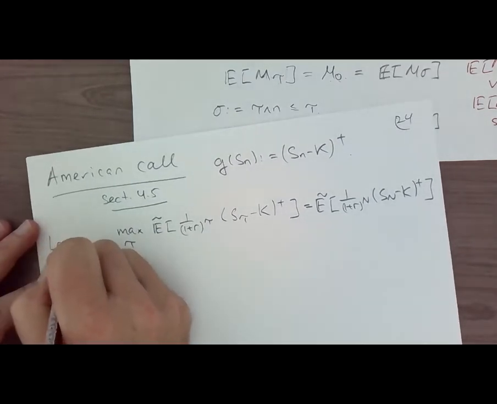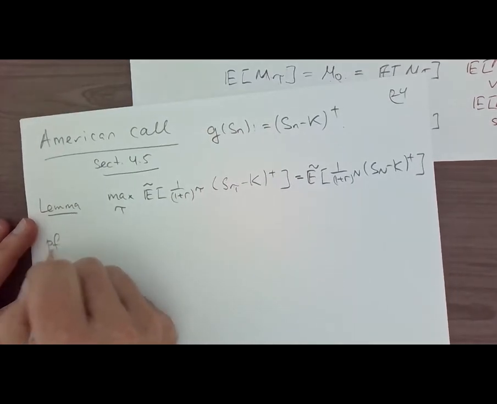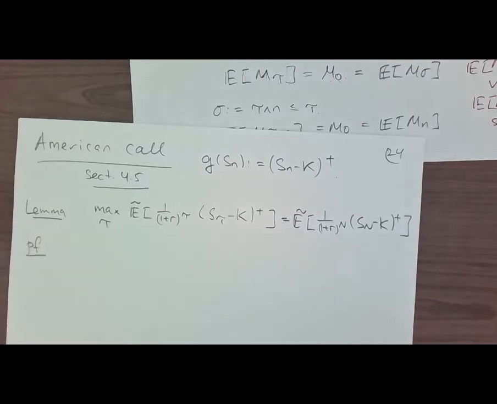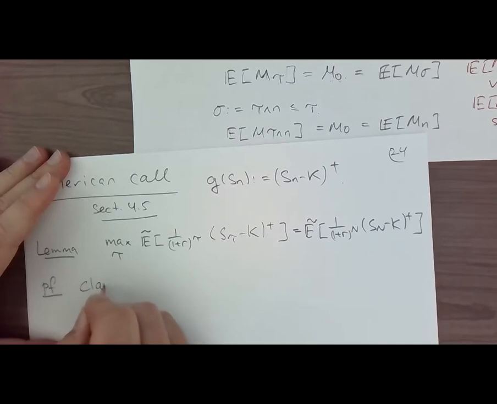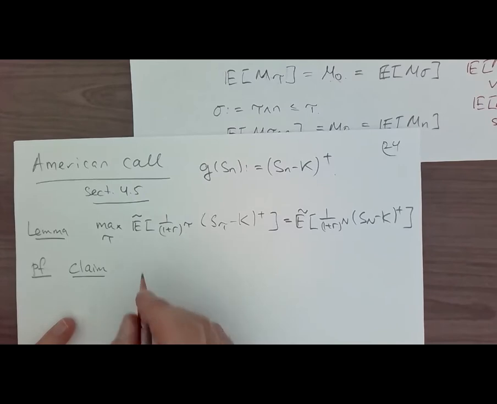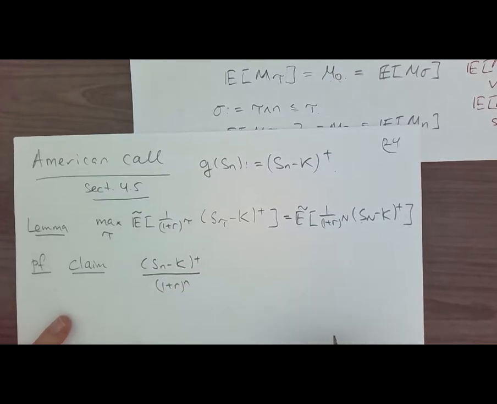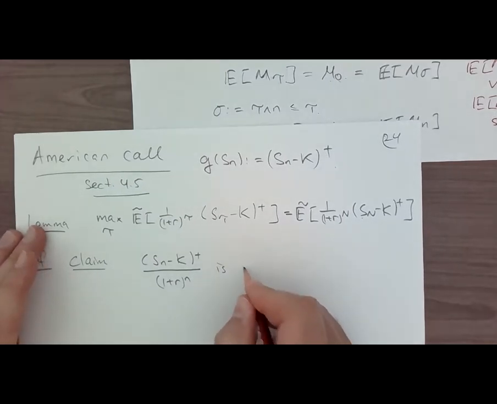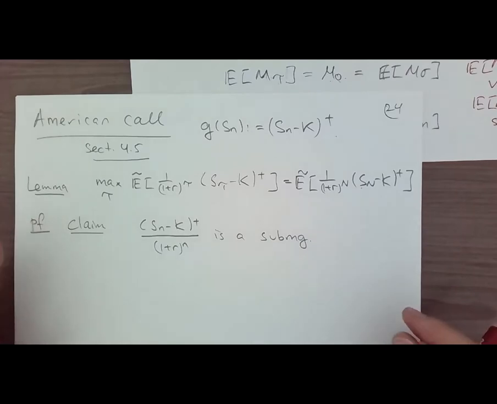So this is a little lemma here. And the proof goes by showing this claim that if I look at Sn minus K positive part divided by 1 plus R to the nth, this is a submartingale, and that's the claim.